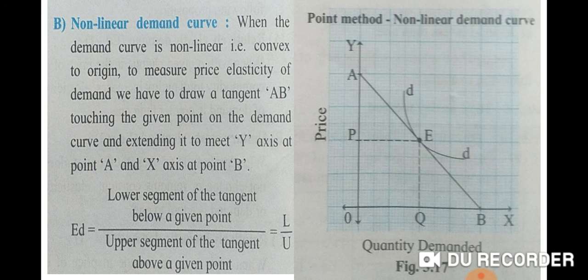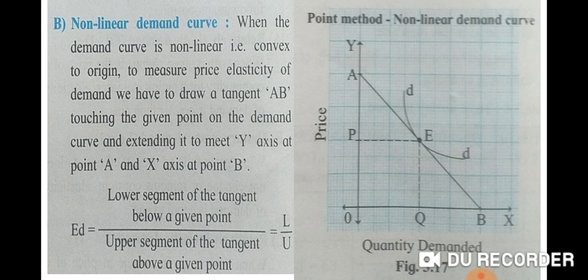After drawing the tangent, which touches the y axis at point A and the x axis at point B, elasticity of demand is equal to the lower segment of the tangent below a given point divided by the upper segment of the tangent above the given point, that is L upon U. If EB is the lower segment and EA is the upper segment, and EB is equal to EA, then elasticity of demand is equal to 1, that is unitary elastic demand.